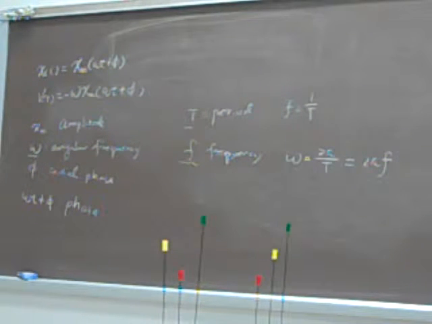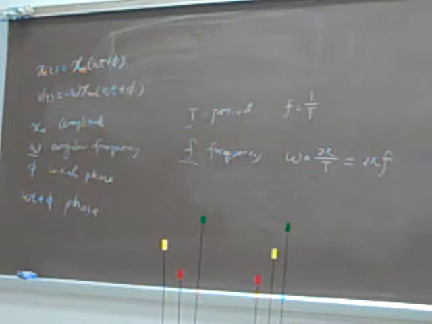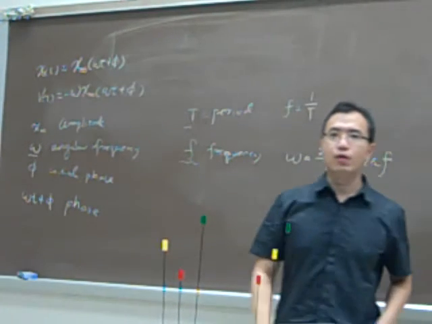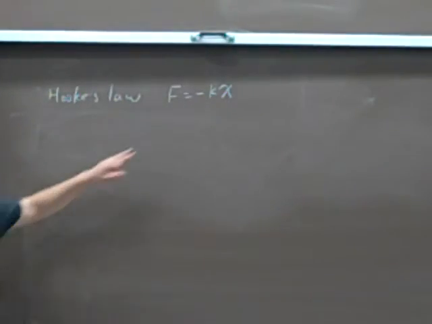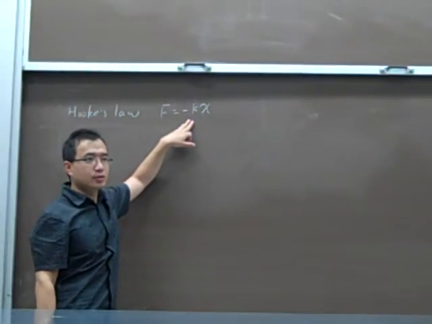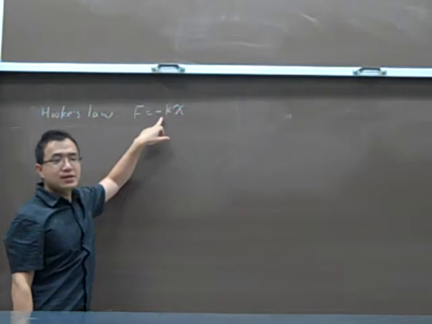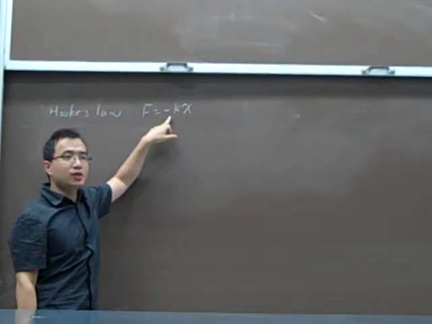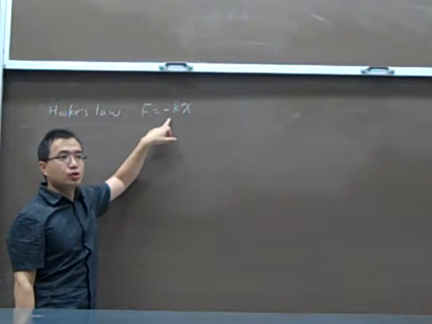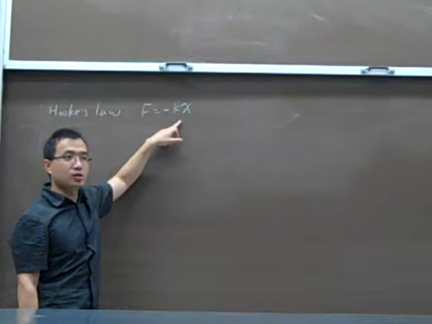We know that the force of the spring is given by Hooke's law: F equals negative kx. That's the force for a spring. Here k is the spring constant, and the negative sign means the force is opposite to the displacement.